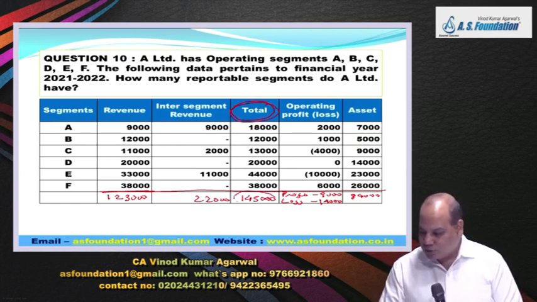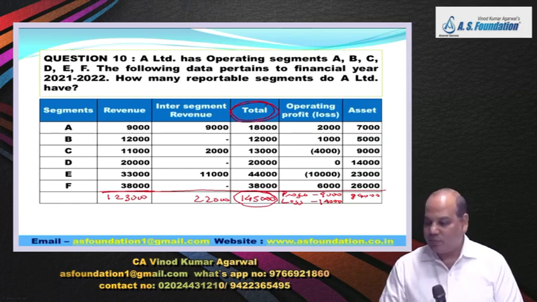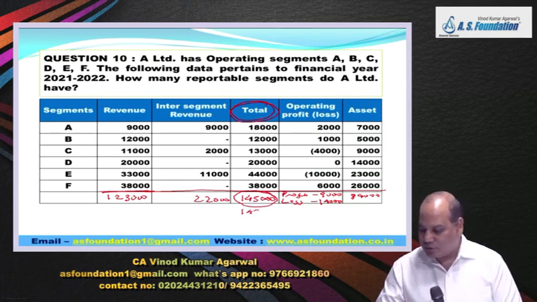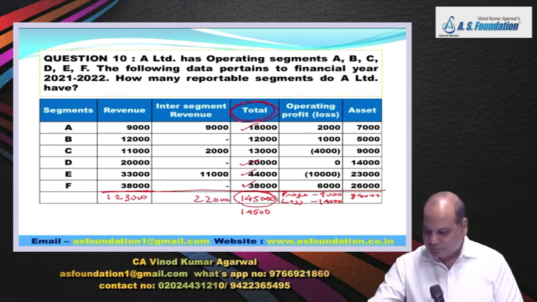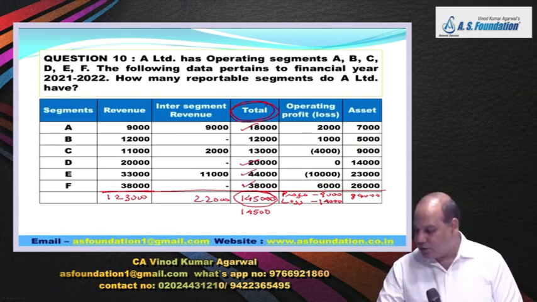Now come to the total sales column. 14,500 minimum I require for a reportable segment. A, then D, E, F. Profit is 9,000, loss is 14,000. Higher of the two, 14,000, take 1,400.